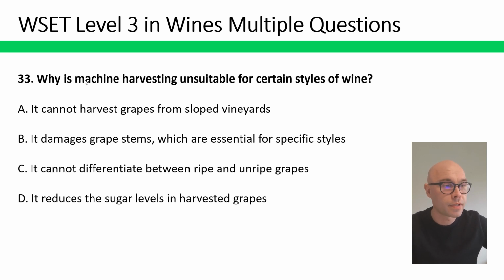Why is machine harvesting unsuitable for certain styles of wine? It cannot harvest grapes from sloped vineyards. It damages grape stems, which are essential for specific styles. It cannot differentiate between ripe and unripe grapes. It reduces the sugar levels in harvested grapes. Why is machine harvesting unsuitable for a certain style of wine?